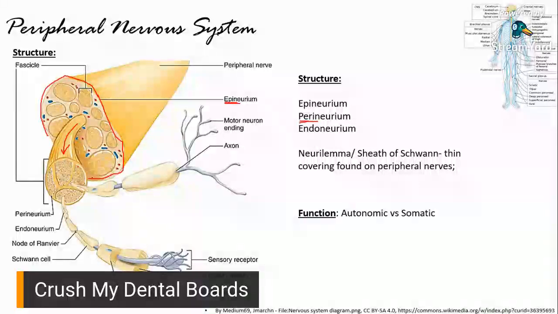Okay, now this bunch of neurons is actually encased by your perineurium right here. Okay, so the perineurium, it covers a bundle of processes. The epineurium, it covers your entire peripheral nerve.